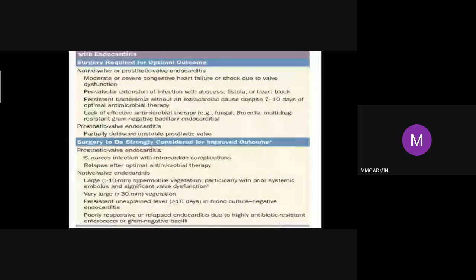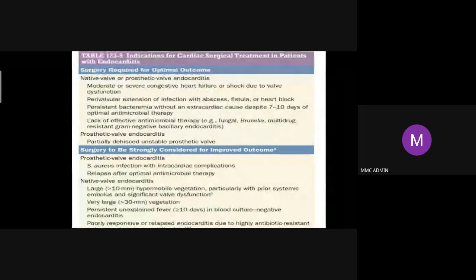Then, who will need cardiac surgical treatment for endocarditis? Surgery is required for optimal outcome in native or prosthetic valve endocarditis with moderate to severe congestive heart failure or shock due to valvular dysfunction, perivalvular extension with abscess or fistula, persistent bacteremia without an extracardiac cause and despite antibiotic therapy, and particularly an unstable prosthetic valve.